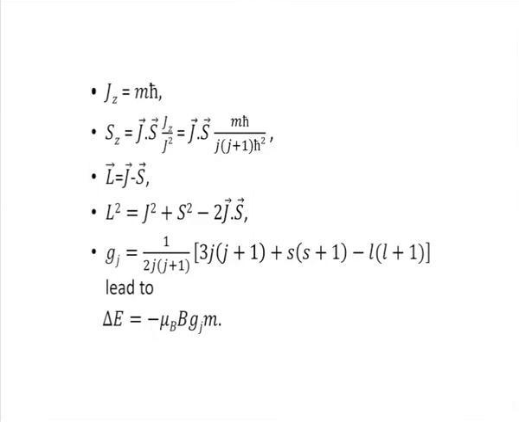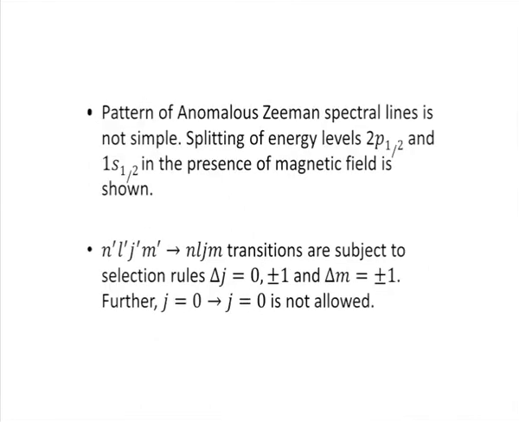We define g_J as you see on the slide, and this leads to delta E equal to minus mu_B B g_J m. This is the shift in the energy, and as you can see, this shift depends on quantum numbers j, s, L and m. The pattern of anomalous Zeeman spectral lines is not simple.